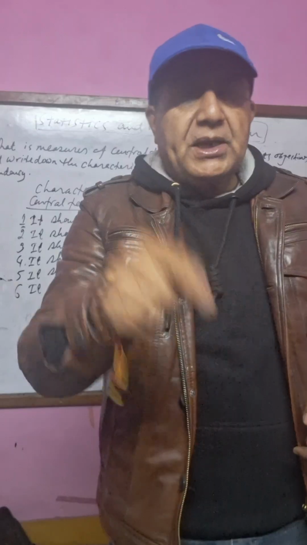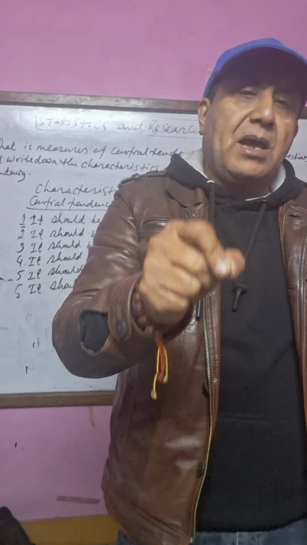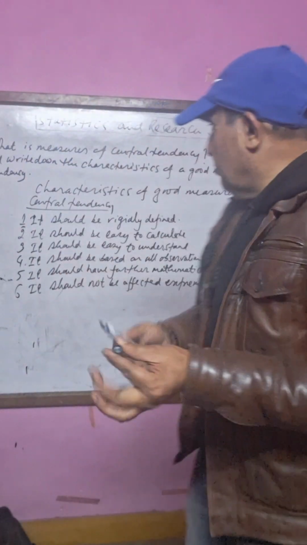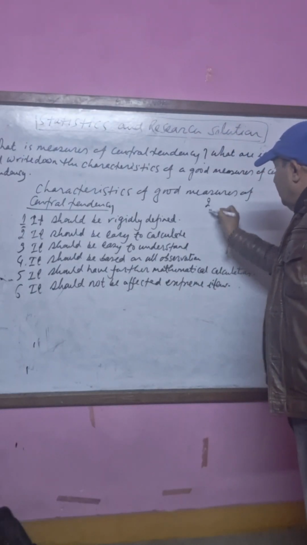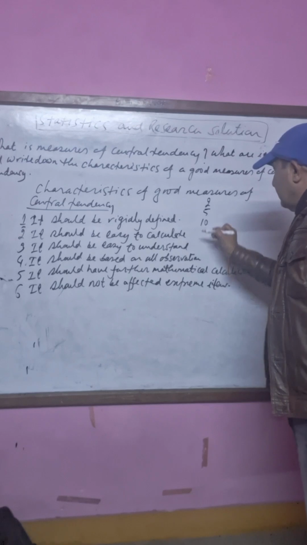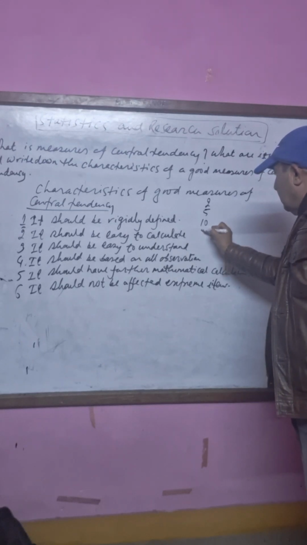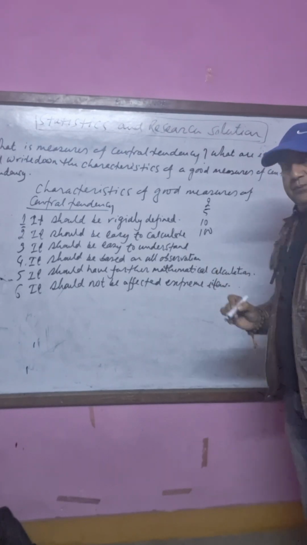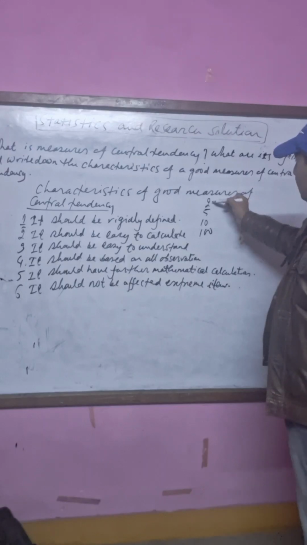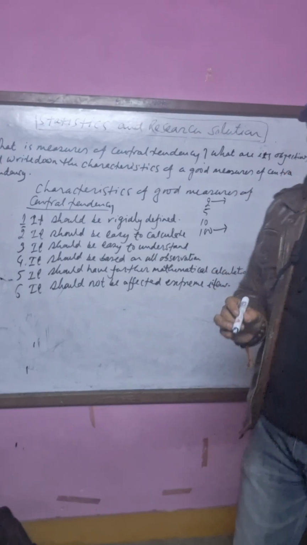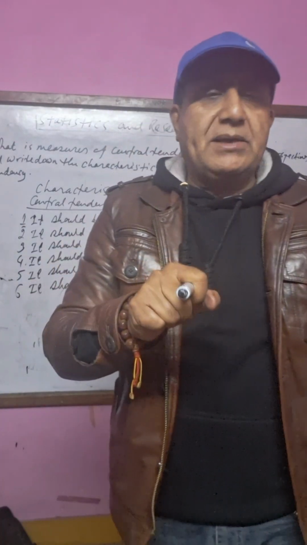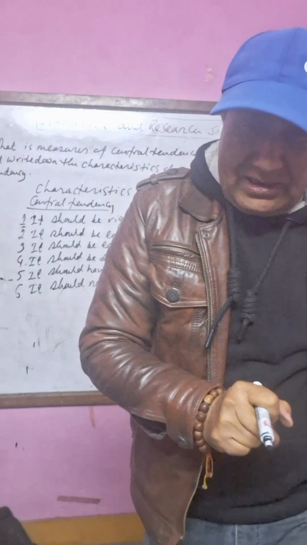Extreme means the smallest value and largest value of the distribution. Suppose you see 2, 5, 10, 100. The extreme items are this 2 and 100. These two are the extreme items. 2 is the smallest item, 100 is the largest item.